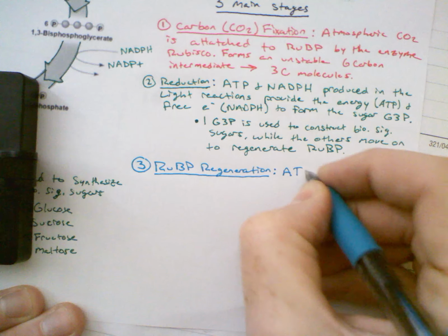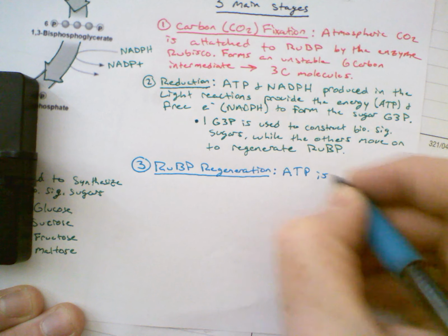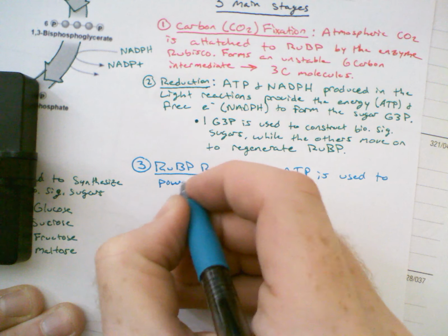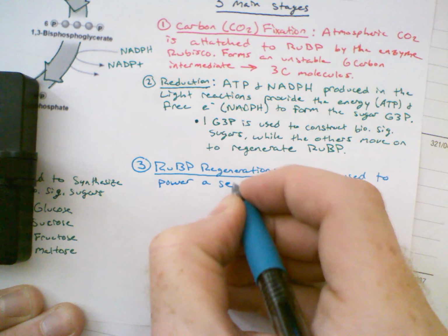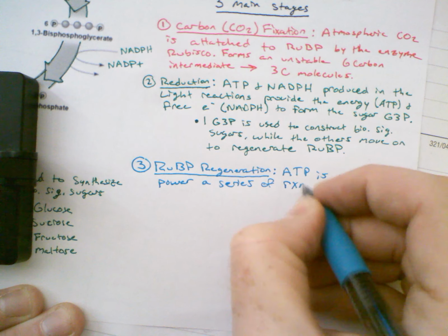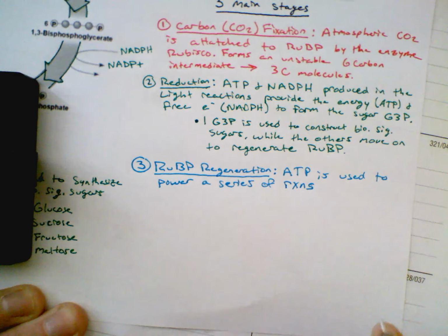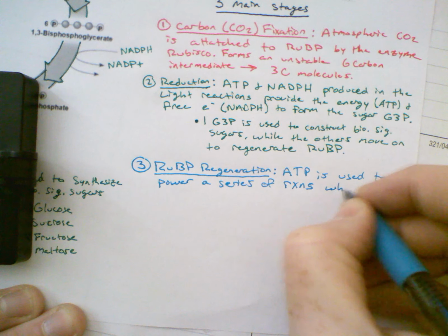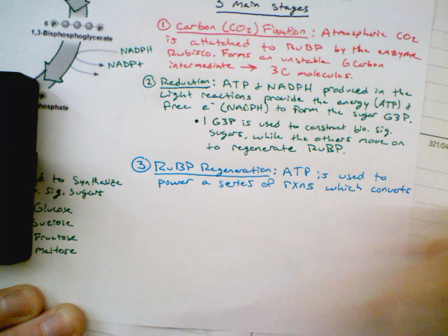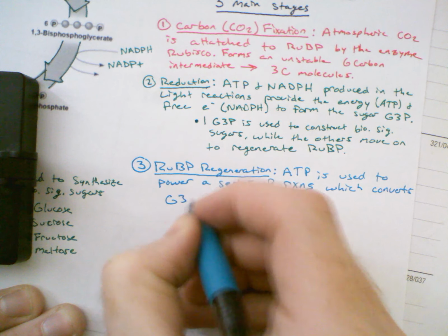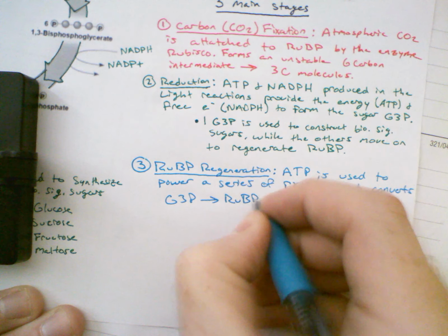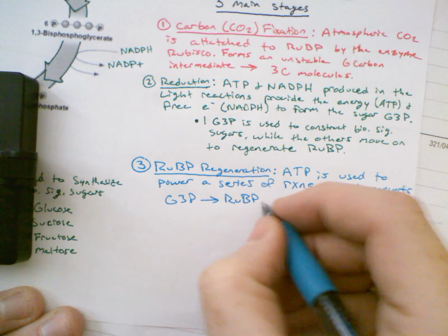So ATP is used to power a series of reactions, which converts G3P into RuBP, resetting the cycle.